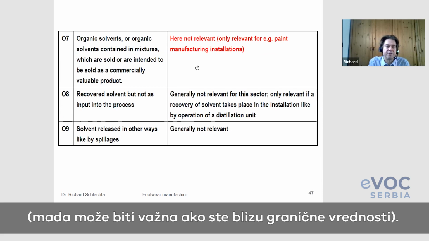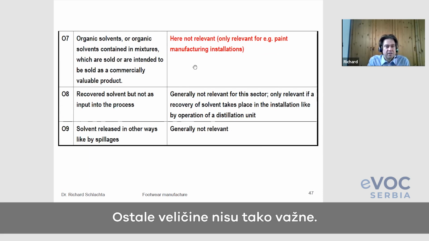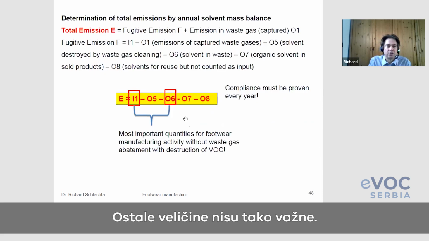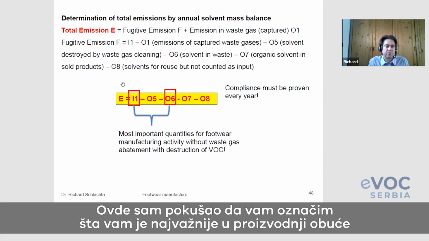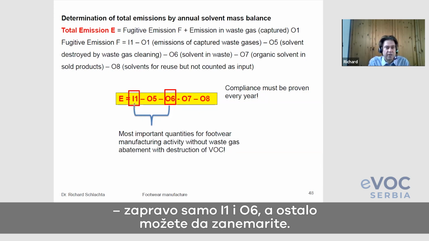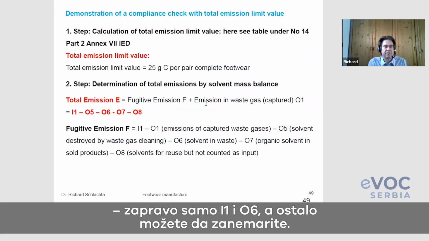O6 can be very important too. The other quantities I told you are not so important. So here I try to visualize the important things for the footwear. I would say only I1 and O6 are relevant for the footwear manufacturing. So the formula is very simple, because the others you can forget.